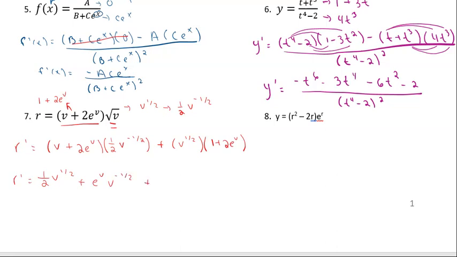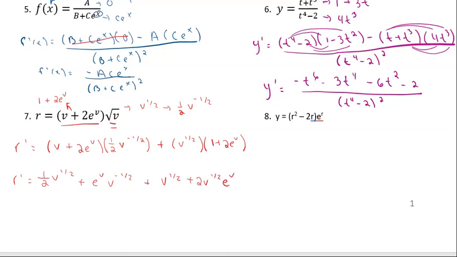And then we can come to this side. v to the 1/2 times 1 is v to the 1/2. v to the 1/2 times 2e to the v would be plus 2v to the 1/2 e to the v. Let's make that look a little better. There we go.